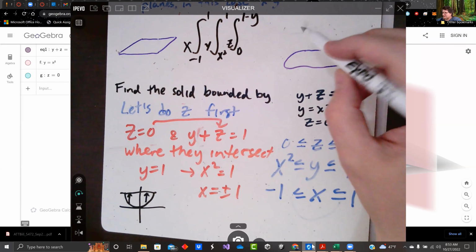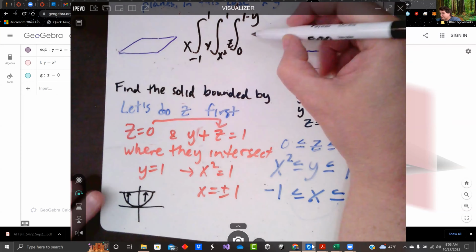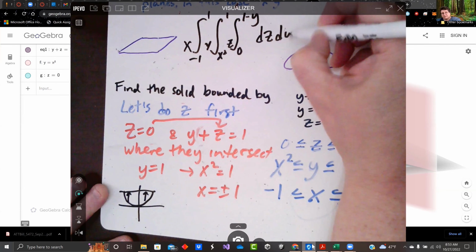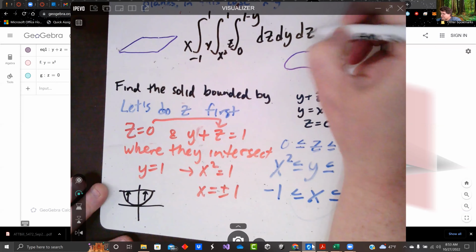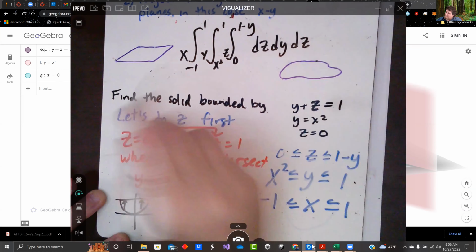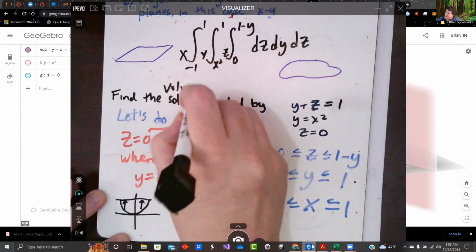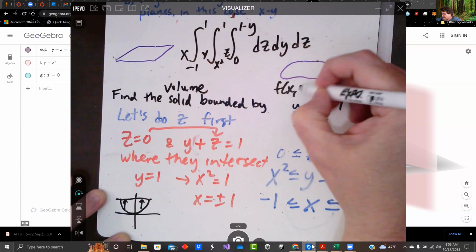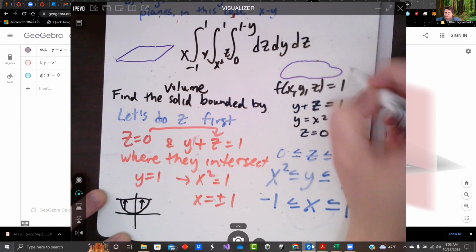And since we're finding the volume, there's no function. We're just doing 1, so dz, dy, dx. We're just finding the volume. So I don't need f of x, y, z equals 1 when you're finding a volume.